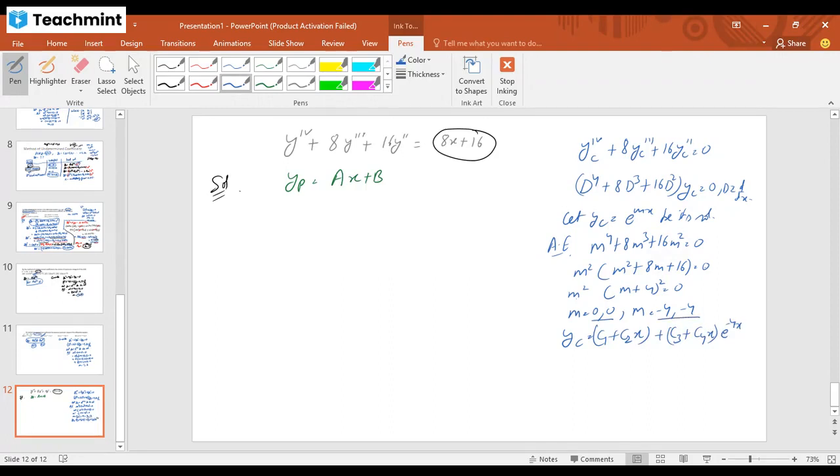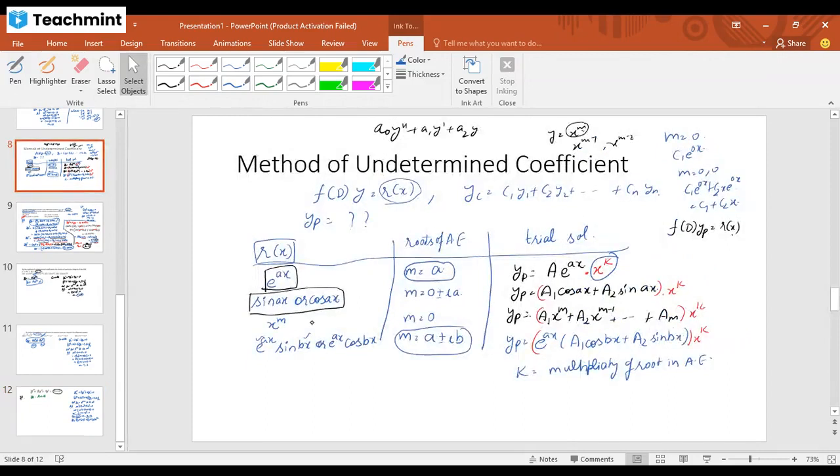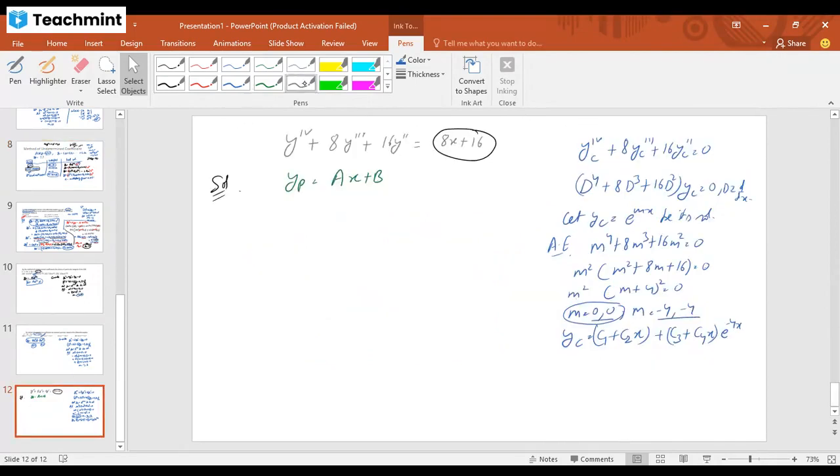Now you can see here the root m equal to 0 is repeated 2 times. And we know that we get a polynomial function corresponding to the root m equal to 0. If this root is repeated k times, then we need to multiply the whole trial solution with x to the power k.